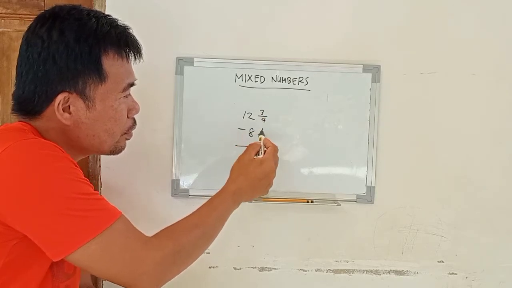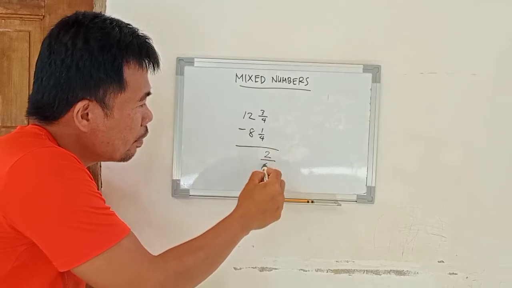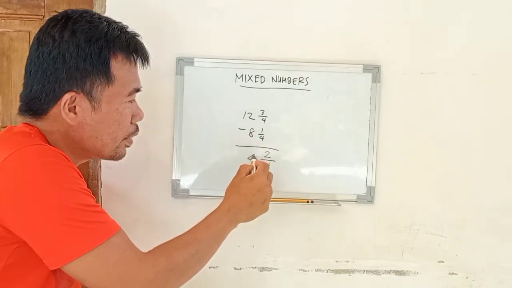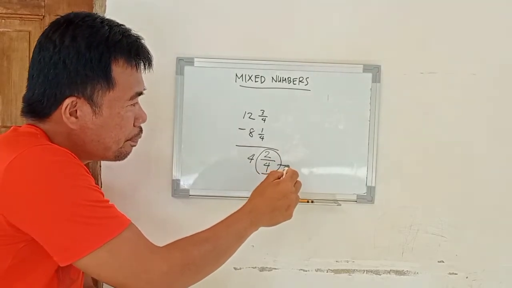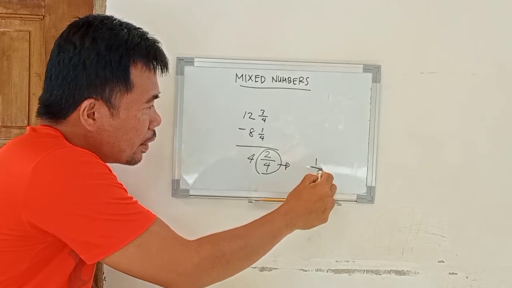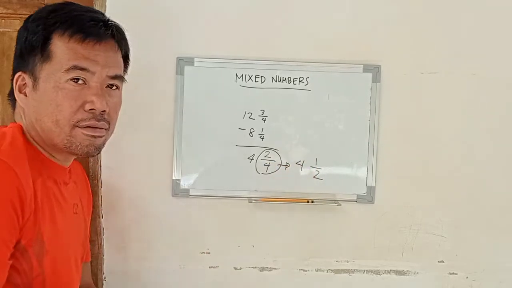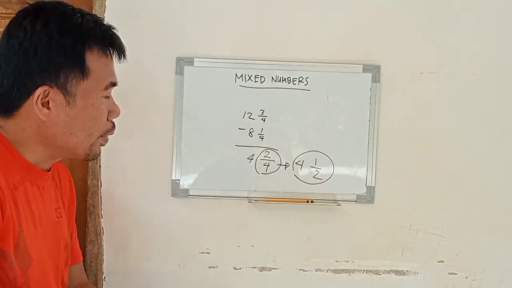So 3 minus 1 is 2 over 4. 12 minus 8 is 4. This fraction can be reduced to 1/2. And copy 4. So our final answer is 4 and 1/2.